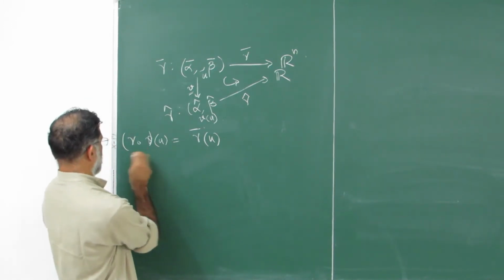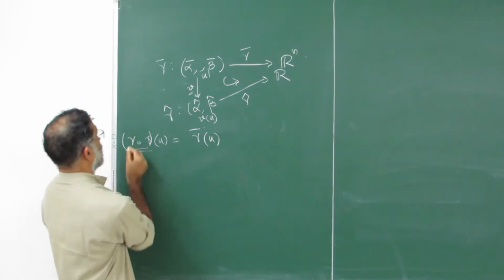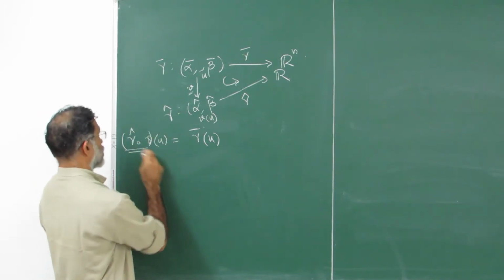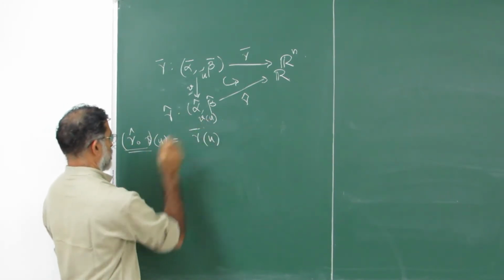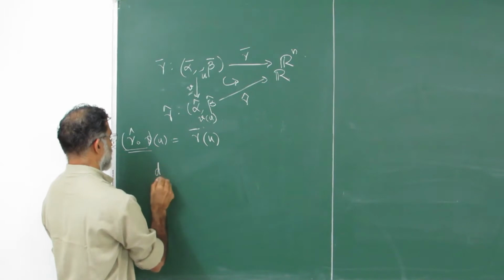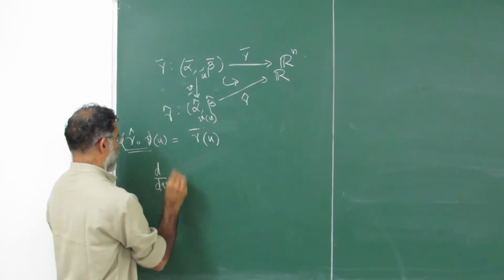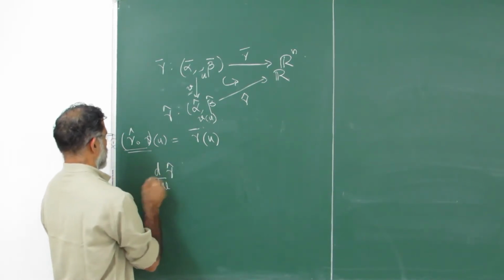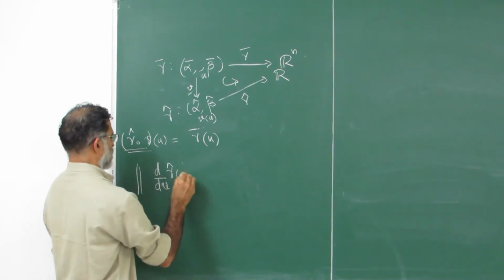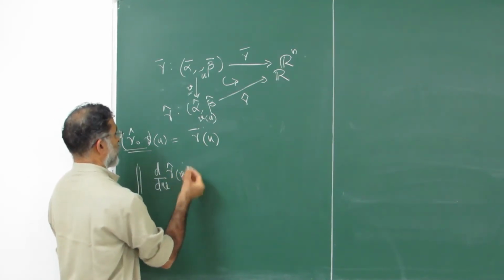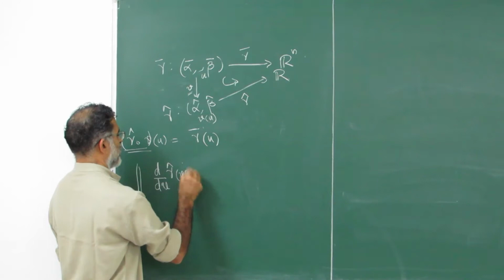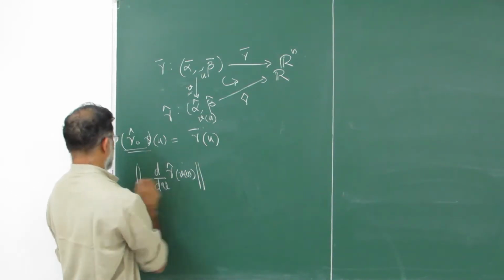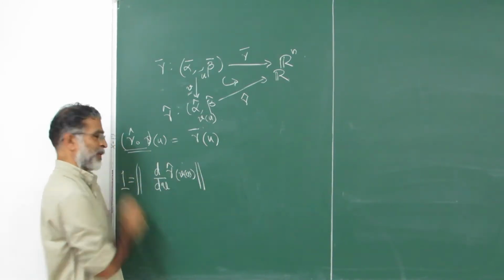This is gamma hat, where the variable here is v. So the norm of d by dv of gamma hat, at the point v or v(u), whatever you like, is 1 because it's a unit speed parameterization.